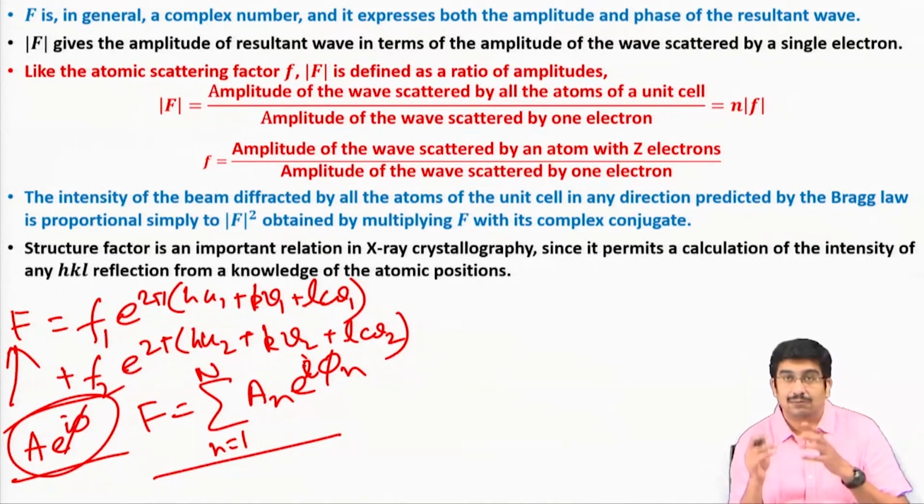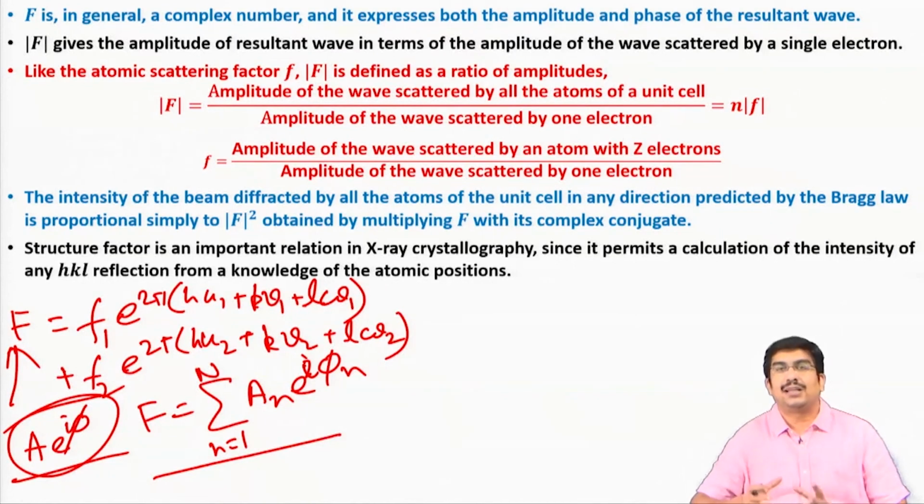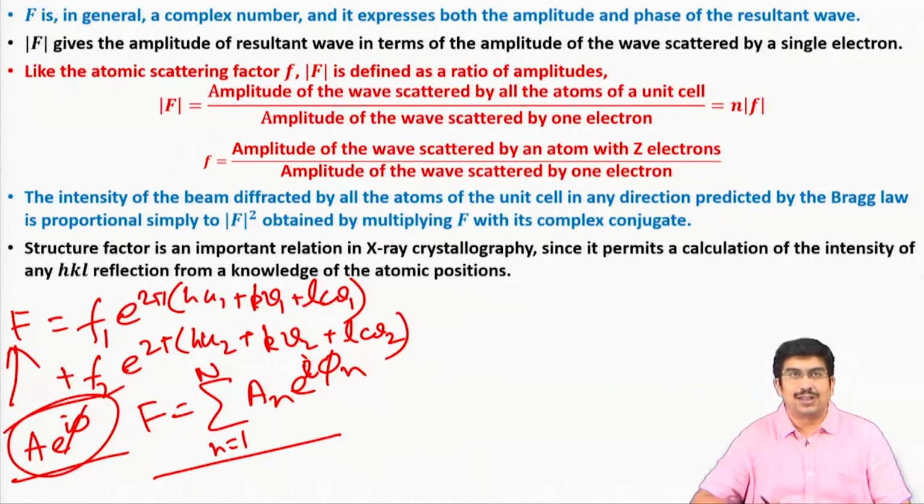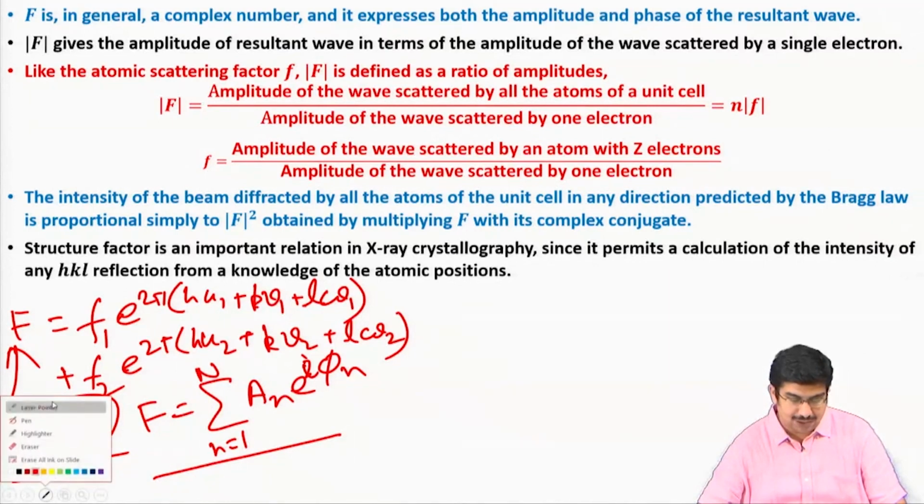Okay. And the mod, that is the absolute value of the structure factor, basically gives the amplitude of the wave scattered by this entire unit cell. So, we can go back to the laser point again.